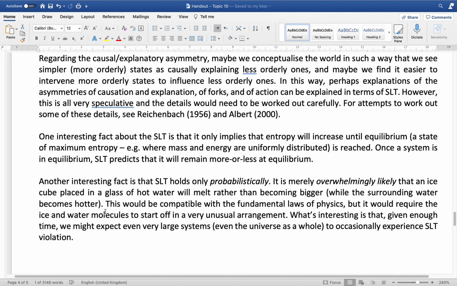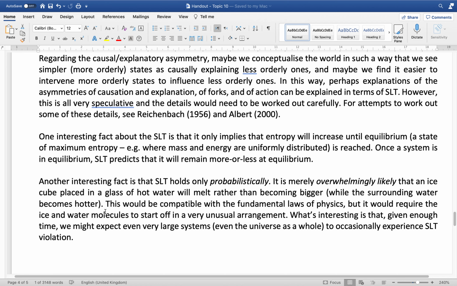Well, one interesting feature of the second law of thermodynamics is that it doesn't simply say that entropy increases over time. Rather, it implies that entropy increases over time until equilibrium is reached. Equilibrium being a state of maximum entropy, for instance, where mass and energy are uniformly distributed. And once a system is in equilibrium, it predicts that it will remain more or less at equilibrium.